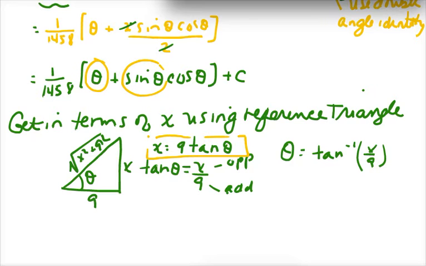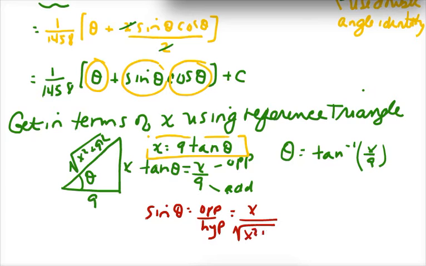And now we also need to find sine of theta and cosine of theta. So let's work on that. Sine of theta, opposite over hypotenuse. Opposite is x, hypotenuse is the square root of x squared plus 9 squared, and then cosine of theta is equal to 9 over the square root of x squared plus 9 squared.